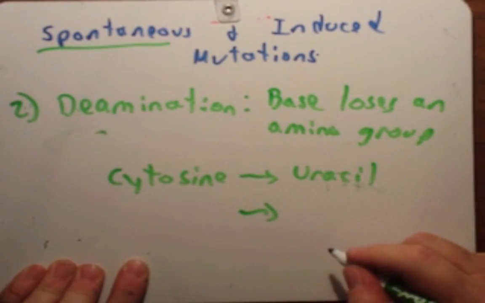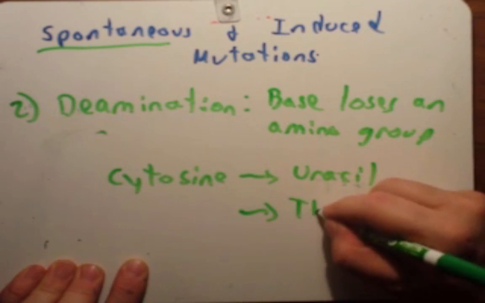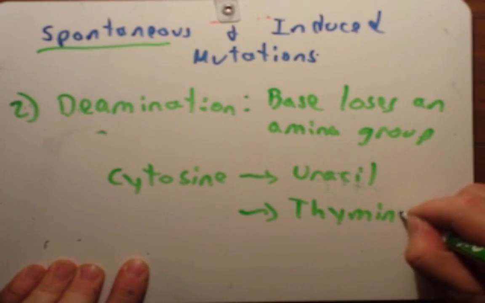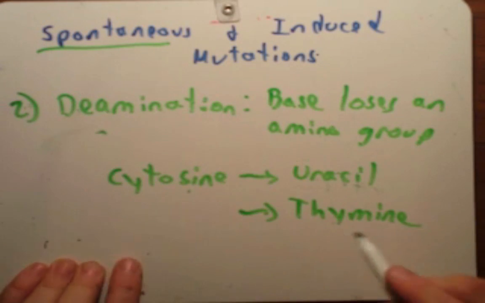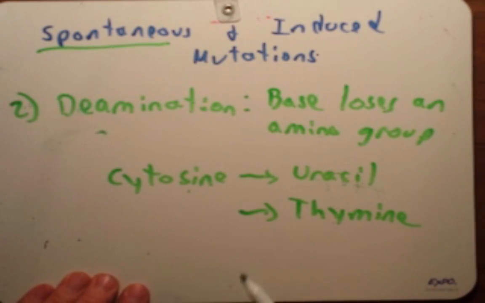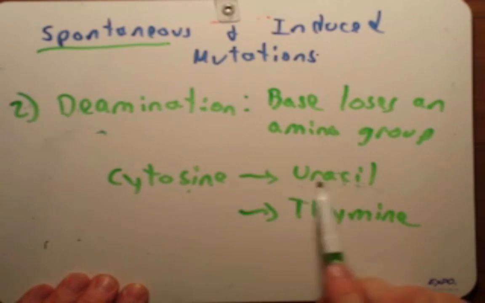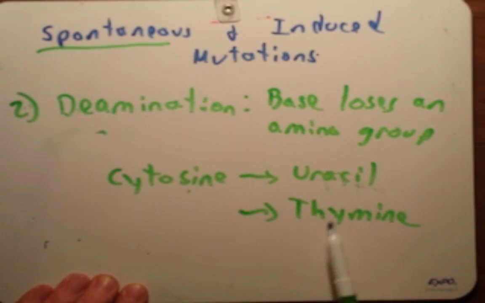Or you can take a cytosine and convert it to a thymine. Technically, to go from a cytosine to a thymine, there's one other thing that has to happen. But for our purposes, know that a deamination can convert a cytosine to a uracil or a thymine by the process of losing an amino group. And now that changes that one nucleotide and can lead to a missense mutation or a nonsense mutation.